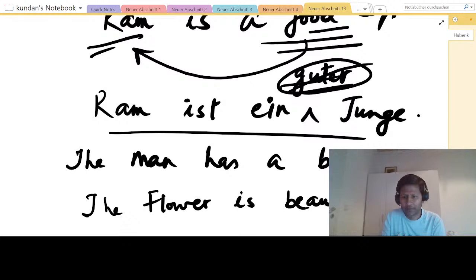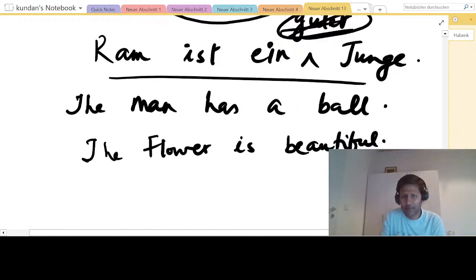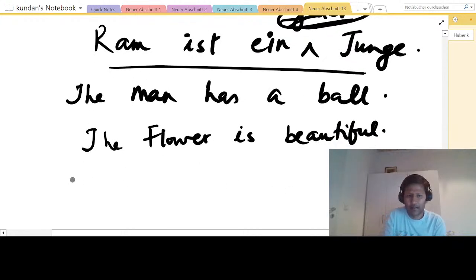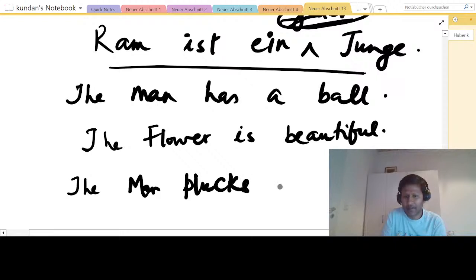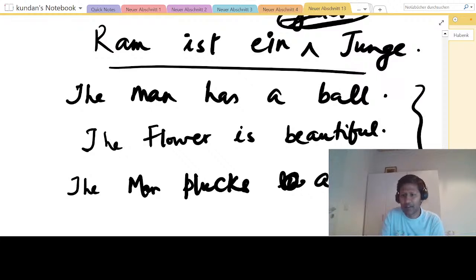The flower is beautiful. And the man plucks a flower. Yeah, these three sentences and we are ending this class. We will see this and we will end this class. We cannot go more than an hour.